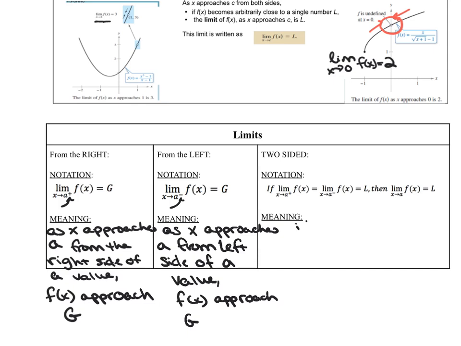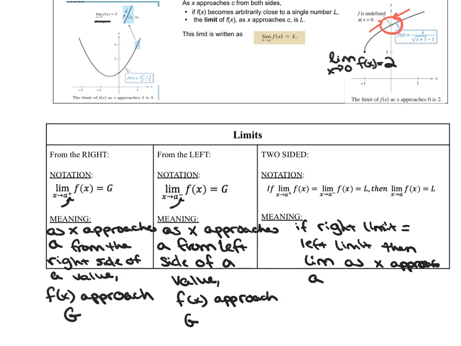Okay, so if your right limit equals your left limit, then the limit as x approaches a exists and is equal to L. L or G, doesn't matter, these are constant values for representing your y values.